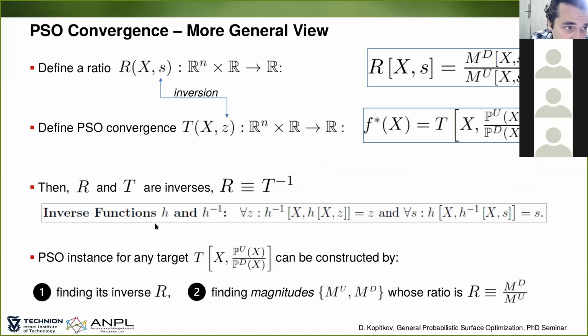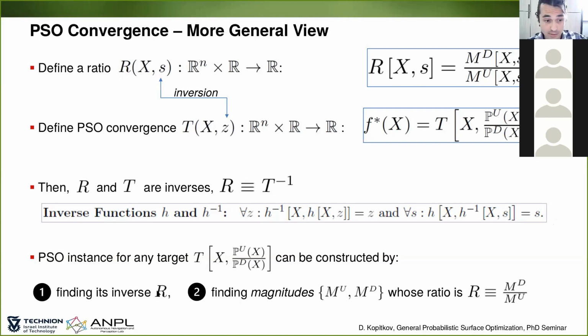A more general view of this framework is the following. Let's define these two functions, R and T. R would be the ratio of the magnitude functions that we defined before, and T is the function that we are approximating. It will express our equilibrium. The main idea is to understand that these two functions are related via inversion with respect to the second argument. So one is the inverse of the other, and here I wrote what the inverse functions mean.